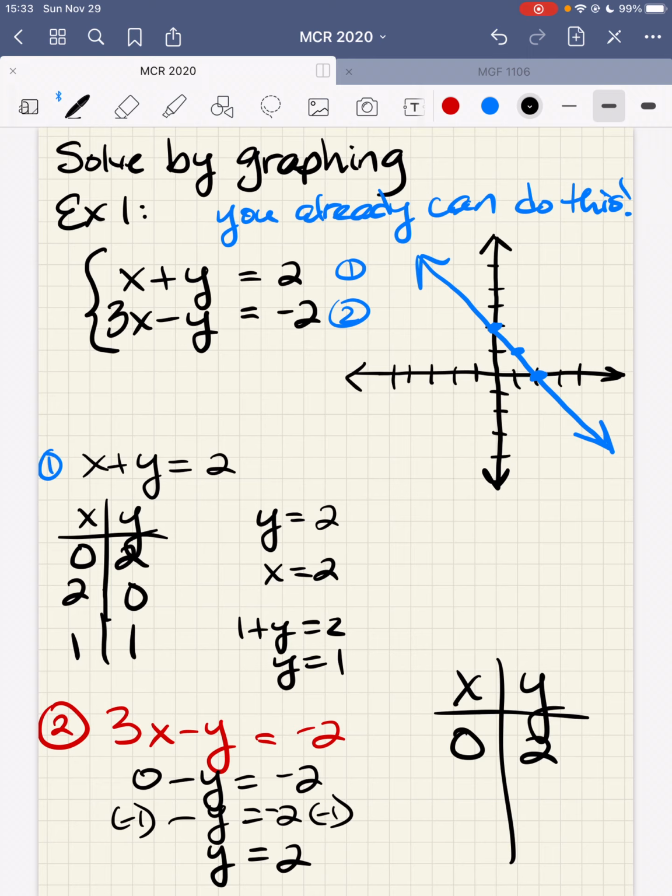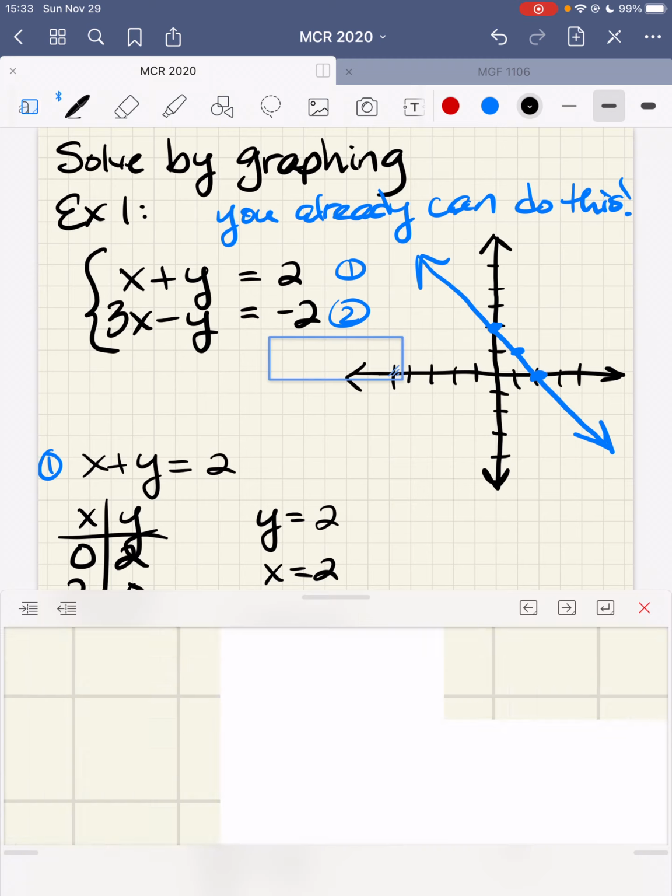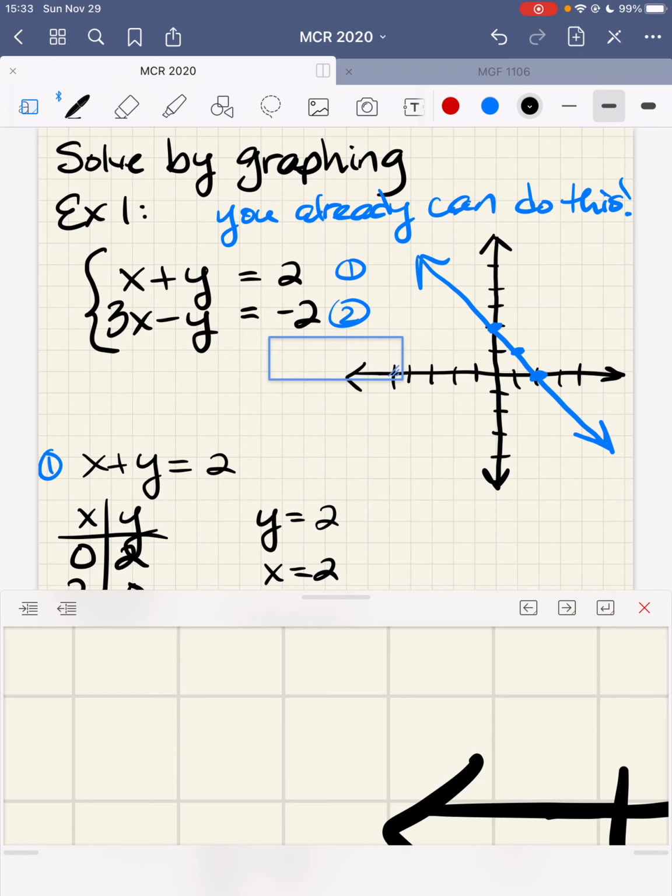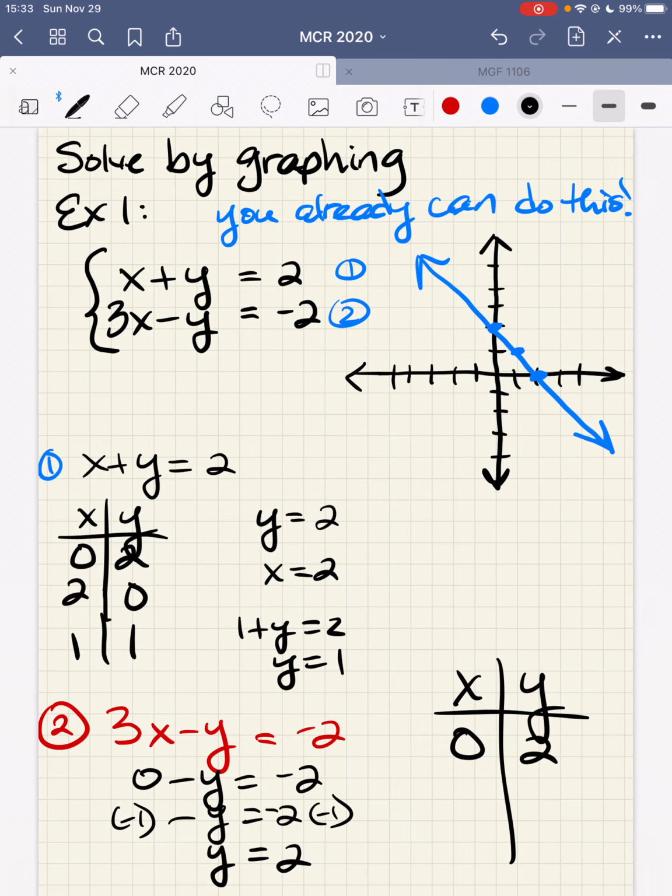All right, and I kind of see that I already have a point in common, but I need at least one more point to graph this line. I don't want to make y 0, because that's going to be kind of funny. But how about if I make y negative 1? Let's try this out.